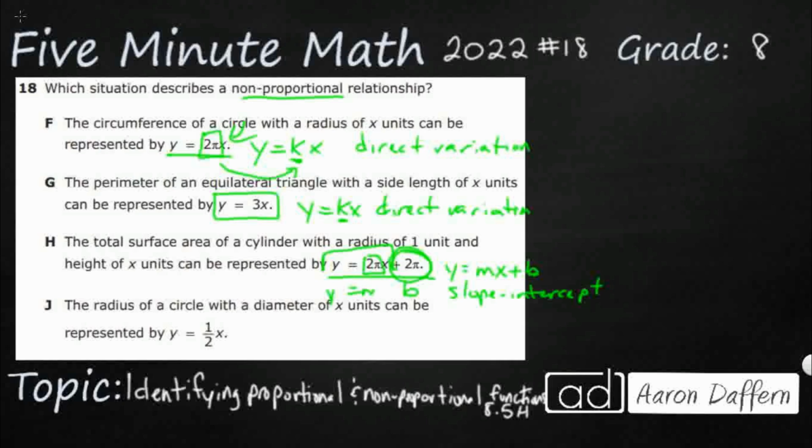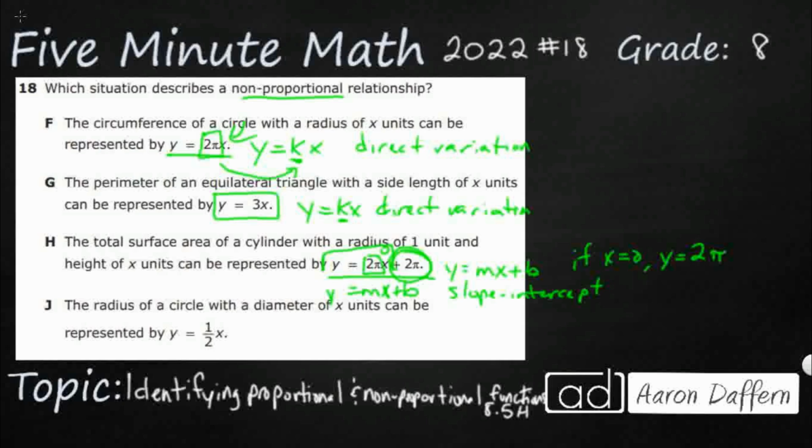Next to the x is going to be your m, your slope, and then your 2 pi at the end is going to be your b, your y-intercept, which is if your x is 0, right? So if this x becomes 0, that 2 pi is going to turn into 0 because anything times 0 is 0. So y would equal 2 pi. And so you have what we call a y-intercept.